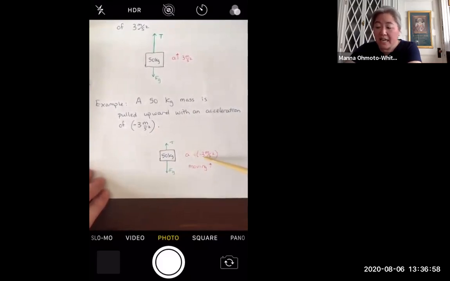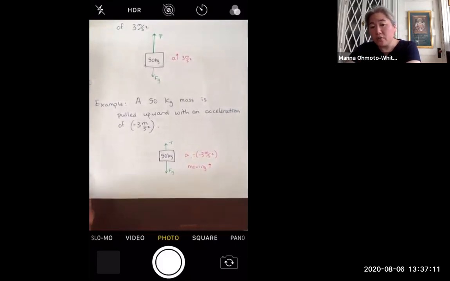But because I have a negative a, I'm going to be acknowledging the fact that my downward vector is going to be winning out. The direction of my acceleration, not direction of motion, direction of acceleration, is negative, so my negative pointing vector is going to win out. My tension vector will be smaller.